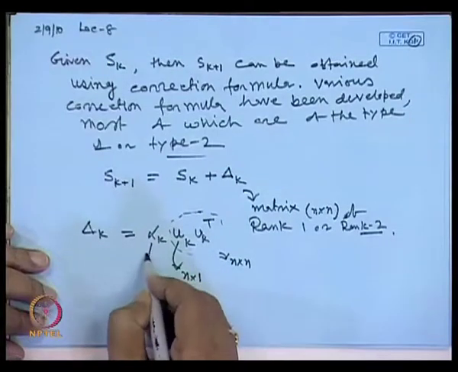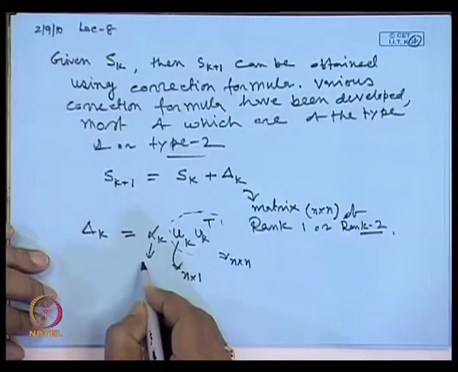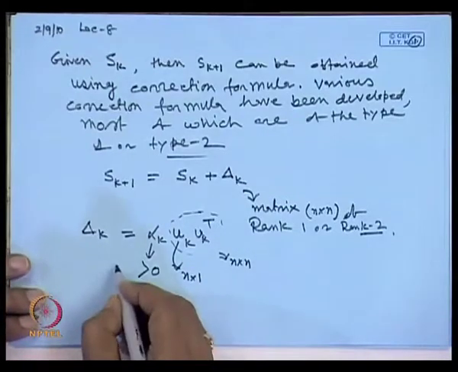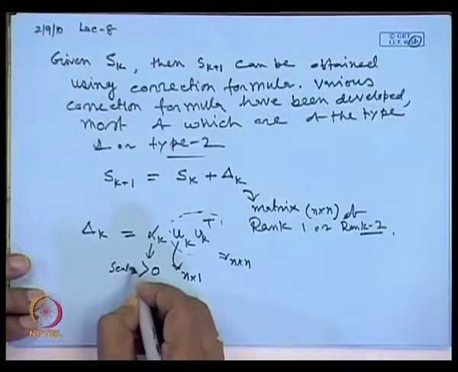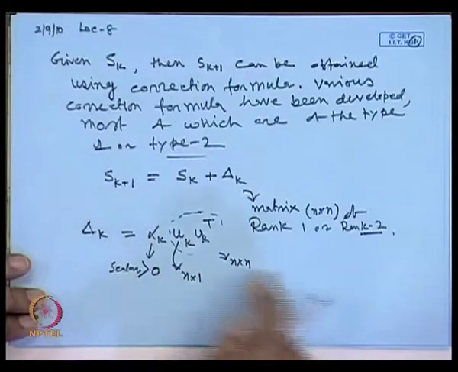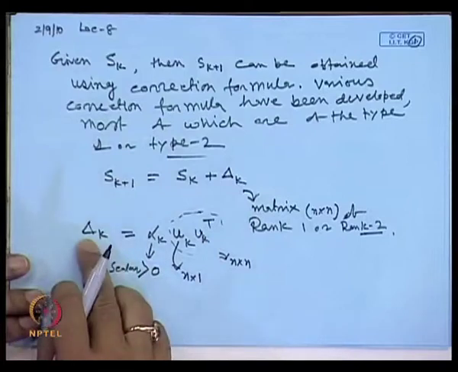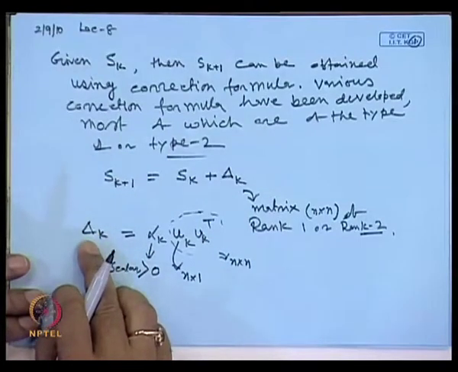Agree? And alpha k is a scalar quantity whose value is greater than 0. So this is the choice, and this matrix, if you see, is always a positive semi definite matrix.